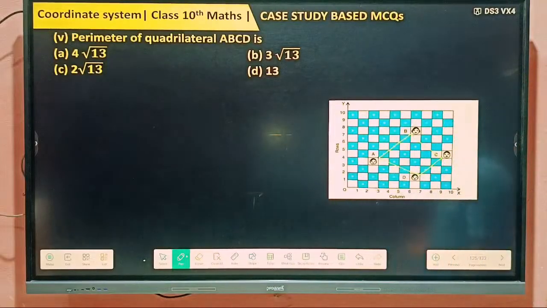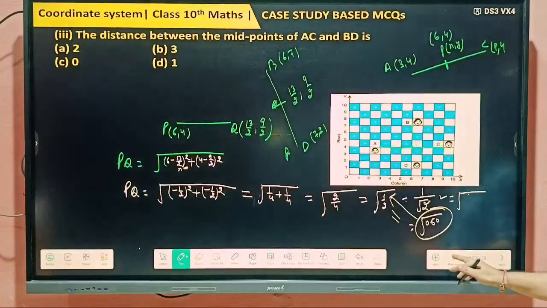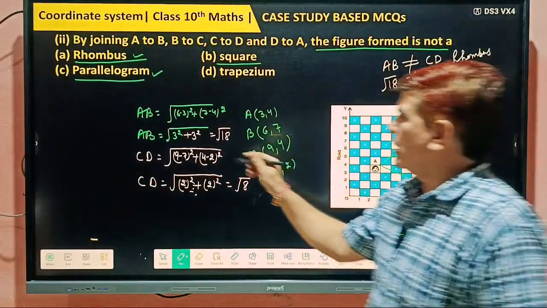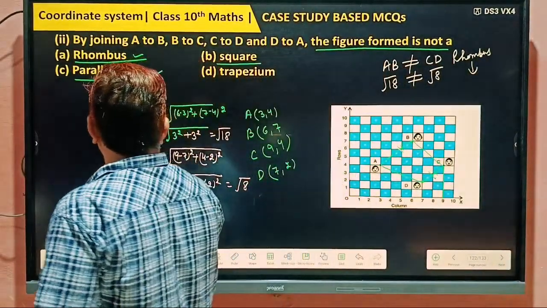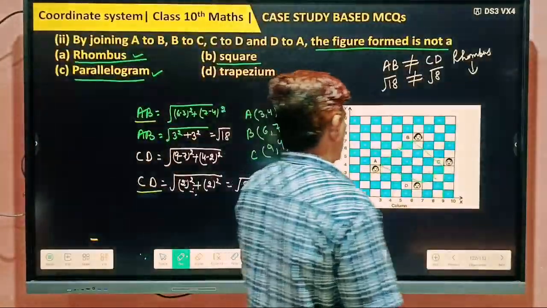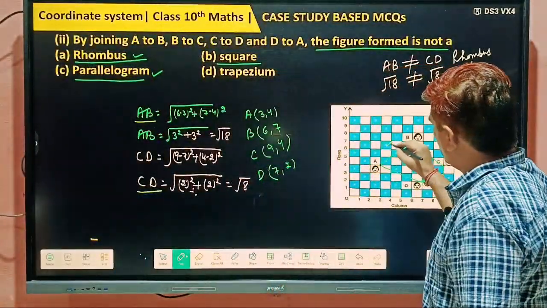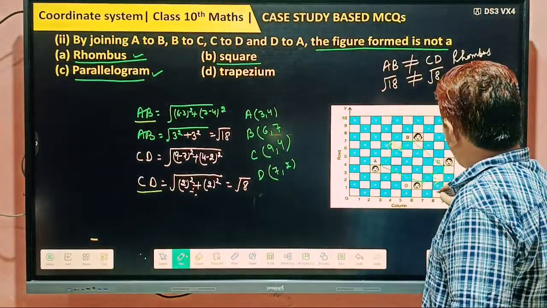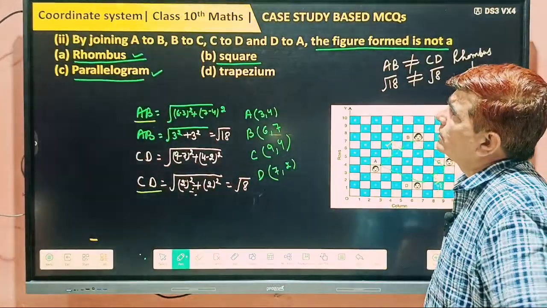This is the quadrilateral. I am taking help from the previous portion. What help am I taking? These two things I have already written, AB and CD. AB is equal to under root 18. CD is equal to under root 8.